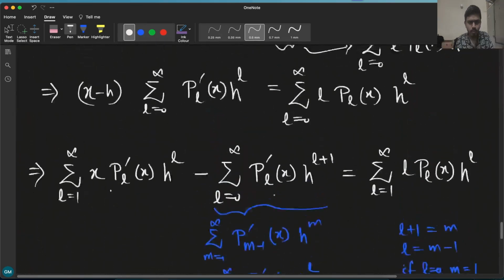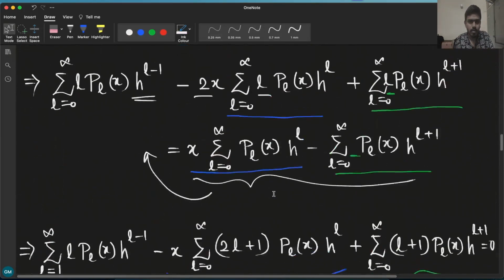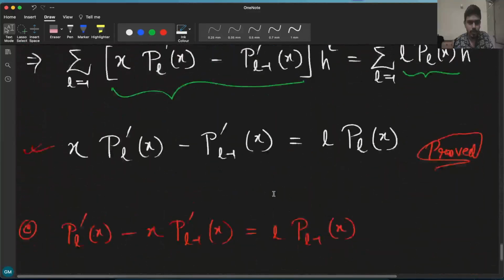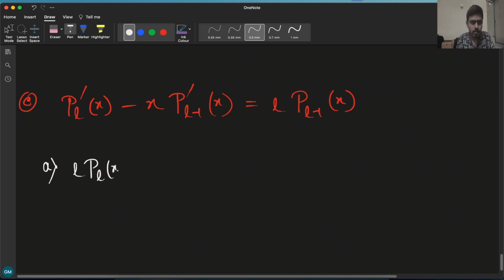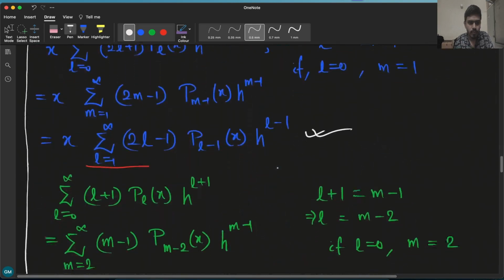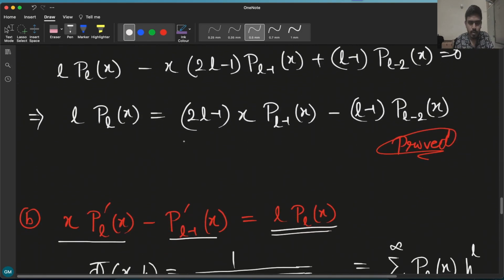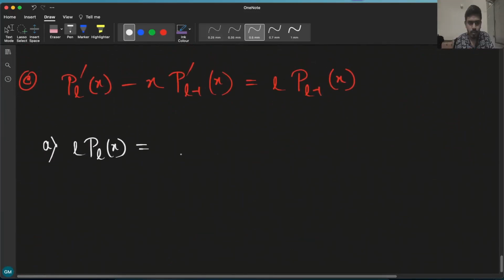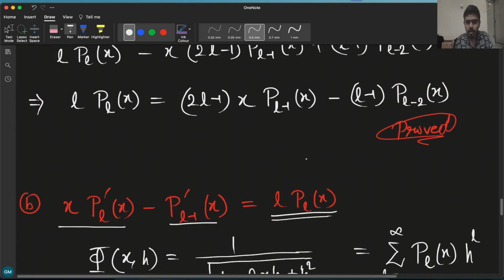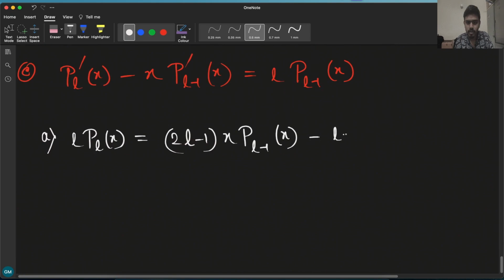Recurrence relation A, what we got from recurrence relation A, that is this one: L times p L x equals 2L minus 1 x p L minus 1 x minus L minus 1 times p of L minus 2 x, right? So this is the recurrence relation 1 we already proved.